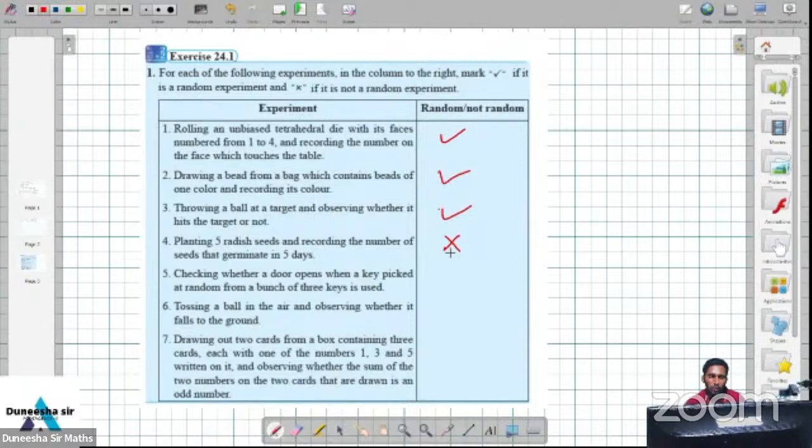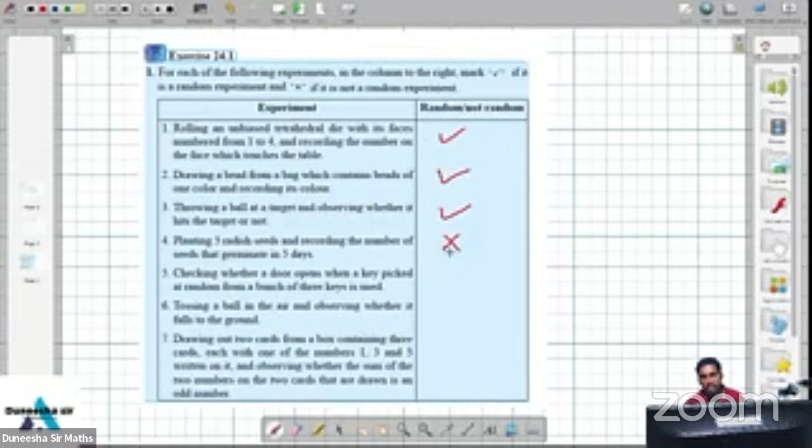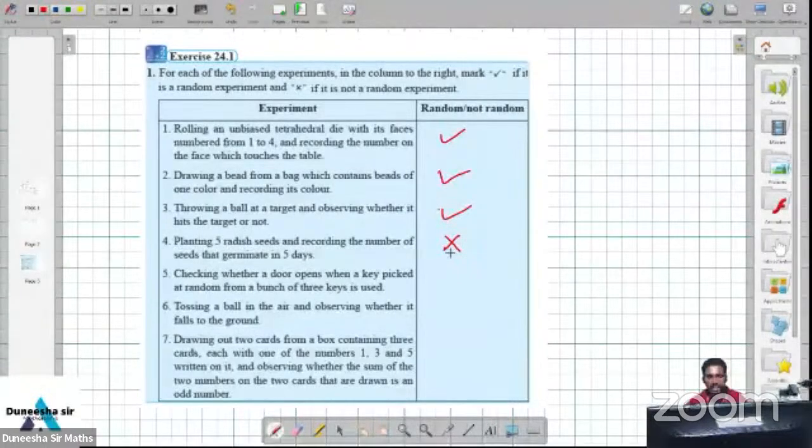Checking whether a door opens when a key picked at random from a bunch of 3 keys is used. If it is a random event, we can do it again and again, and it should be unbiased. Here it says picked at random.